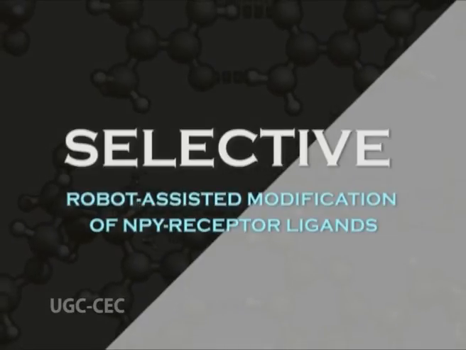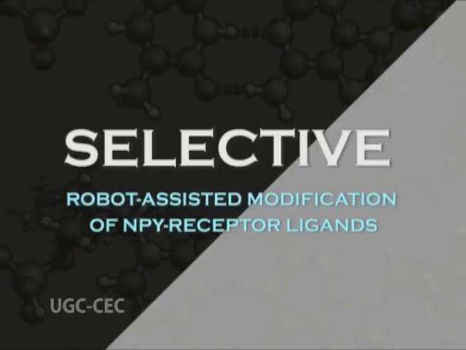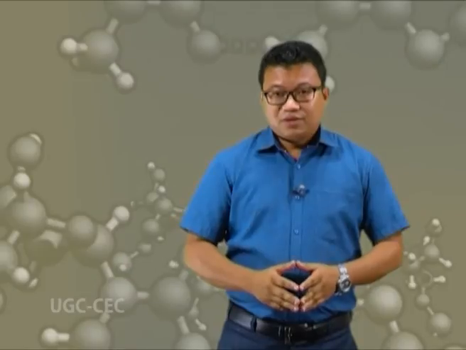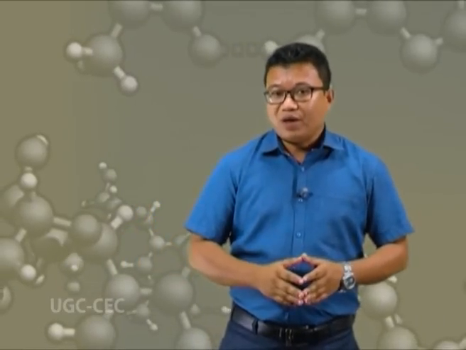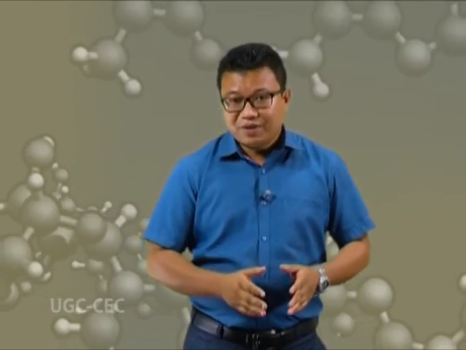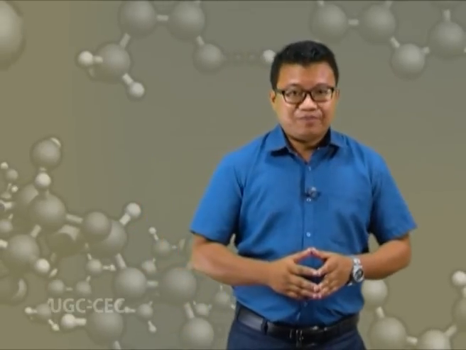In the next topic, we have selective robot-assisted modification of NPY receptor ligands. The 36 amino acid peptide hormone neuropeptide Y, NPY, peptide YY, and pancreatic polypeptide, PP, are endogenous ligands of the so-called NPY family.